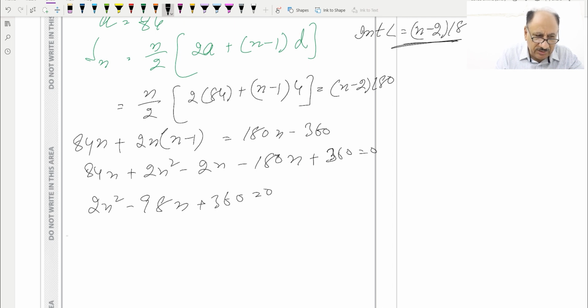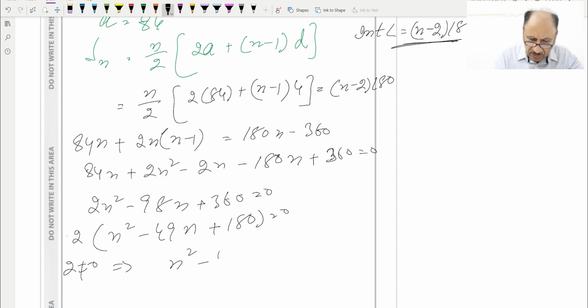So we can take 2 common and cancel it: n square minus 49n plus 180 is equal to 0. Since 2 is not equal to 0, this implies n square minus 49n plus 180 is equal to 0.